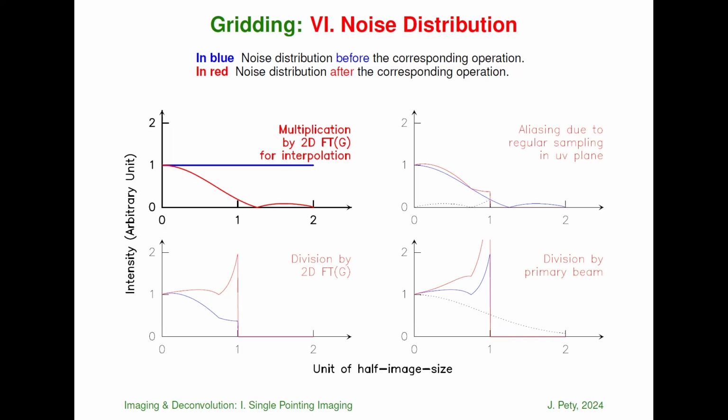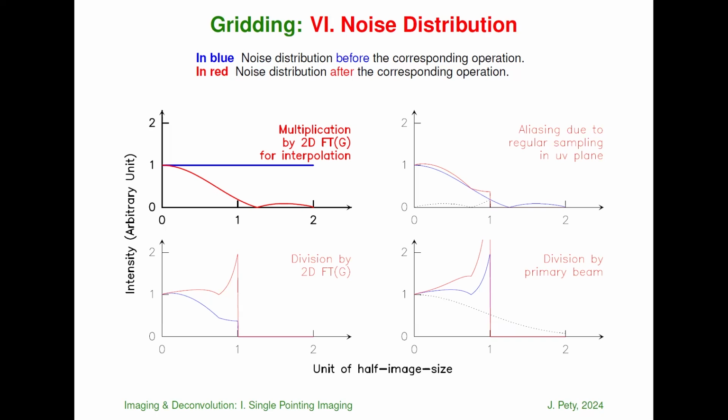You take your gridding kernel in the image plane, and you do the 2D Fourier transform. You end up with these functions. Your noise before gridding is this one in blue. After gridding, your noise will just be the multiplication by the Fourier transform of the gridding function in the image plane. So this will be the red curve here.